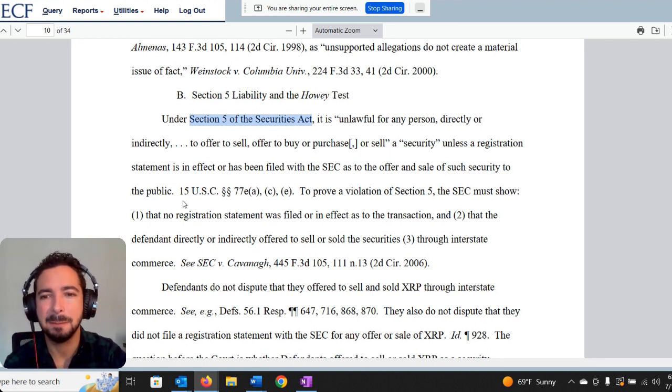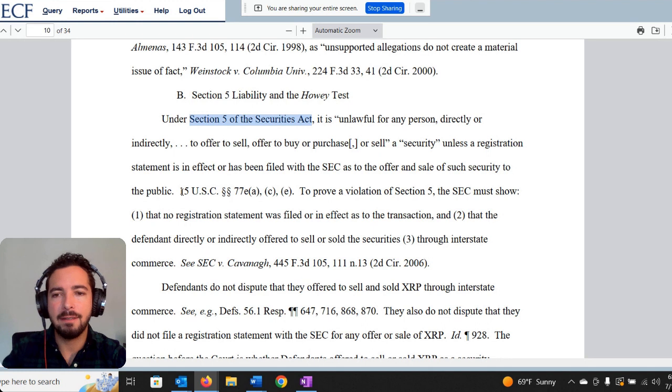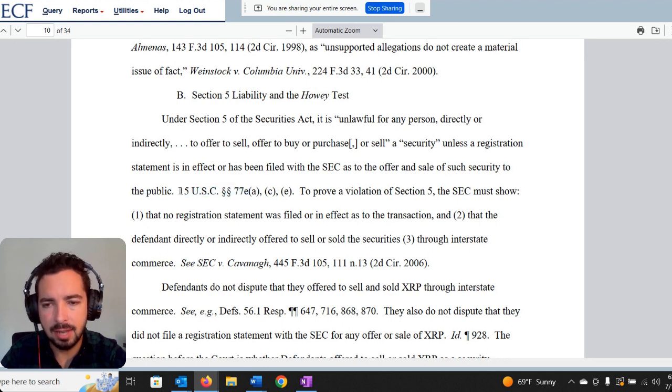And then here we have a citation to the statute. So a statute is just a written down code of law. And I can tell this is a federal statute because of some of these signifiers. So we have Title 15, U.S. Code. All right, that's how we know it's a federal statute, U.S. Code. This is a section symbol. And when there's more than one next to each other, that just means more than one.